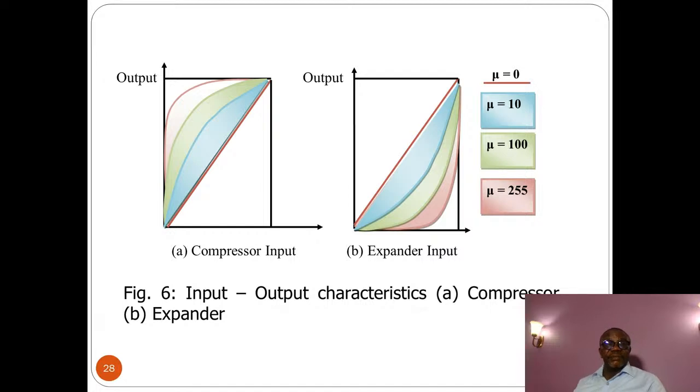So you see that for the compressor, fig A, at the receiving end, the expander is also as shown. So you say that that is the input characteristics.